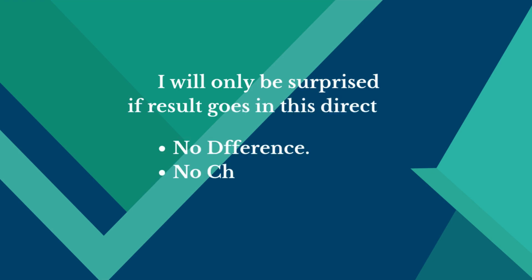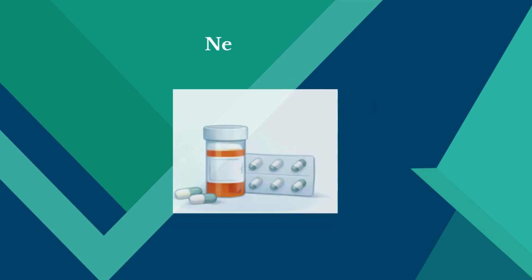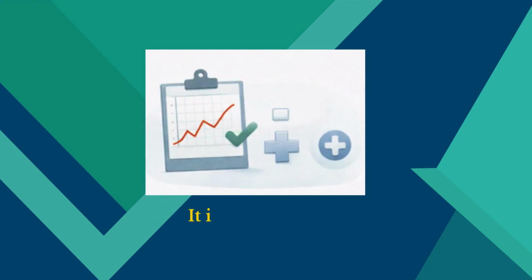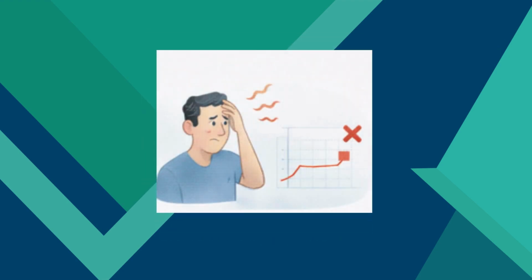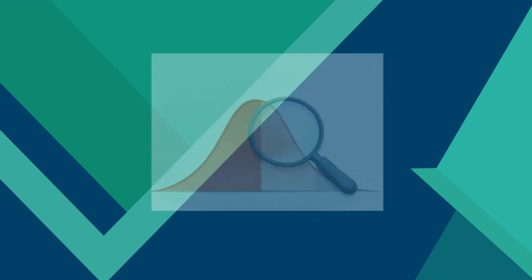Not any difference, not change in general, a specific direction. Think about a real example. You test a new drug. Your claim is not just that it's different. Your claim is that it reduces symptoms. If symptoms increase, that's not evidence for your claim. So you focus all your attention on one tail of the distribution.